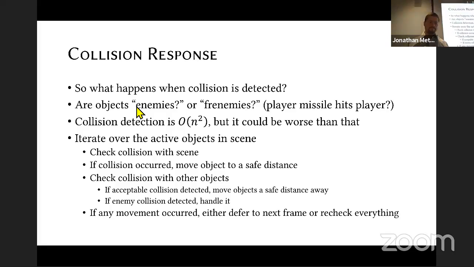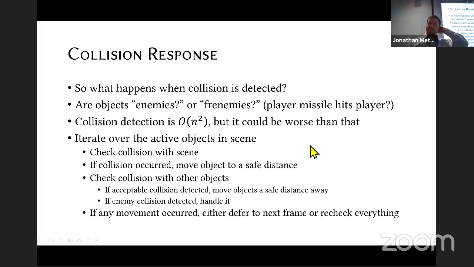But what happens if you fire a fireball and it bounces off a pipe and comes back to you? Does that damage you or not? That's what I call the frenemy. So you have to make a design choice. If the player's missile hits the player, what happens, right? You have to decide whether to do something about that.